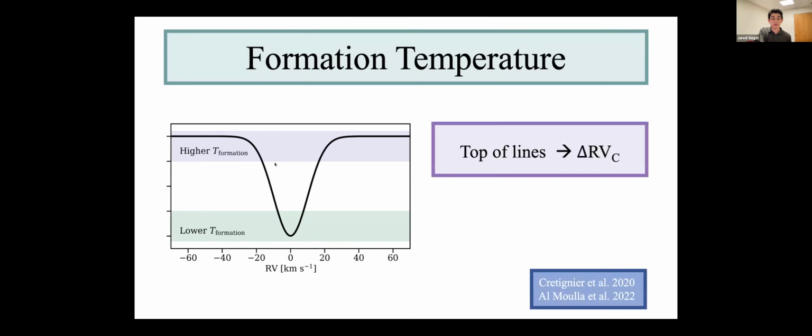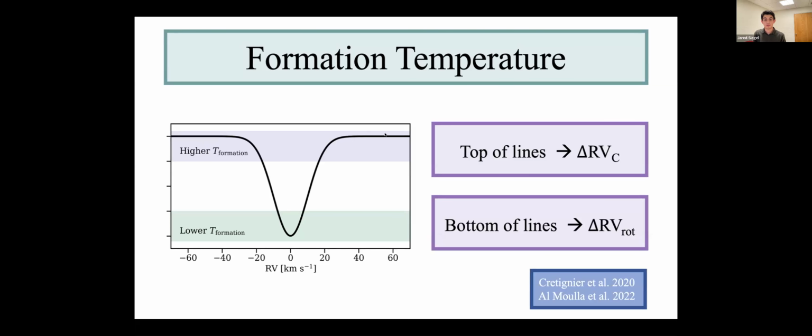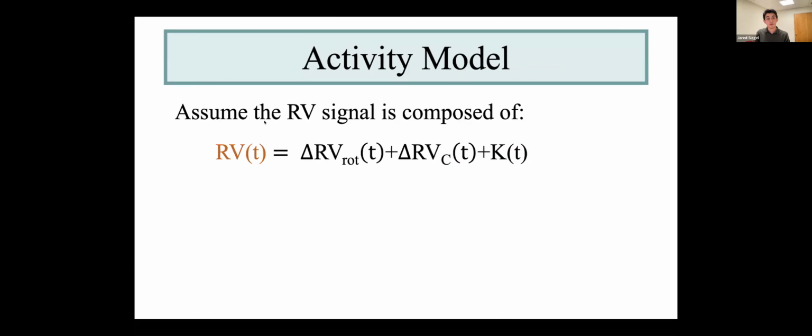And it has been empirically shown, for these studies here, as well as several others prior, that if you isolate the tops of spectral lines, or equivalently, if you look at only shallow spectral lines, the radial velocity signal you get back is far more correlated with the convective perturbation. It's been shown to a lesser extent that if you identify the bottoms of your spectral lines, or equivalently the deepest spectral lines, you are now more correlated with the rotation perturbation. So we can use that to our advantage.